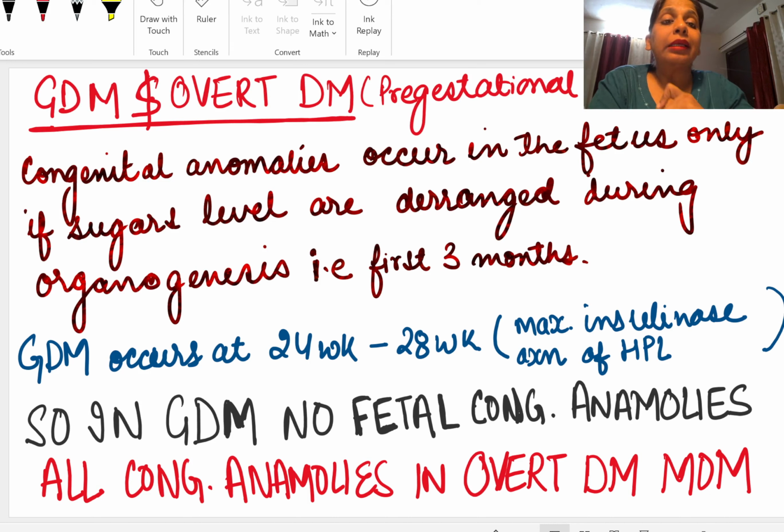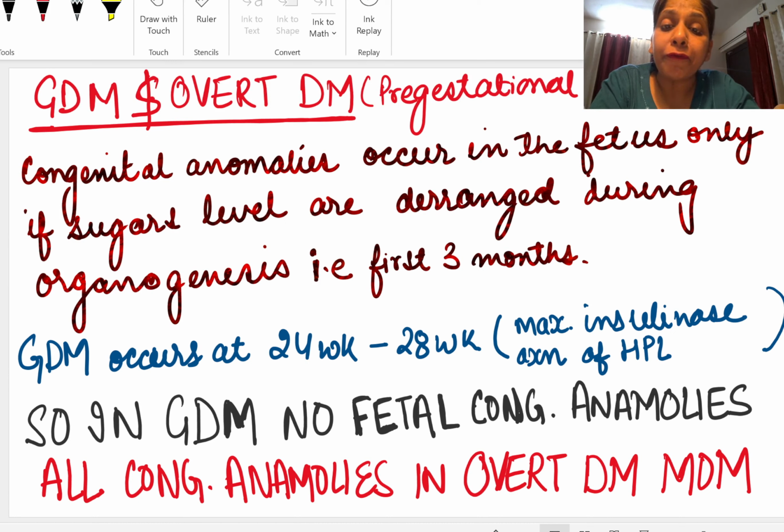Gestational diabetes mellitus, the one occurring only in pregnancy, occurs at 24 to 28 weeks, because at that time the insulinase action of human placental lactogen, the hormone secreted by the placenta, is maximum. So diabetes occurs in the mother.